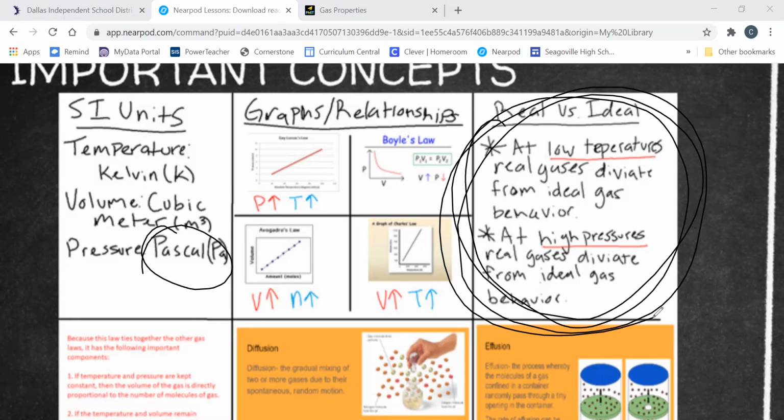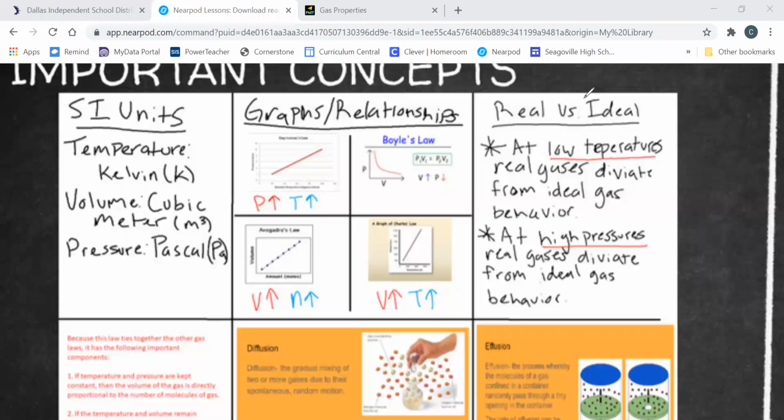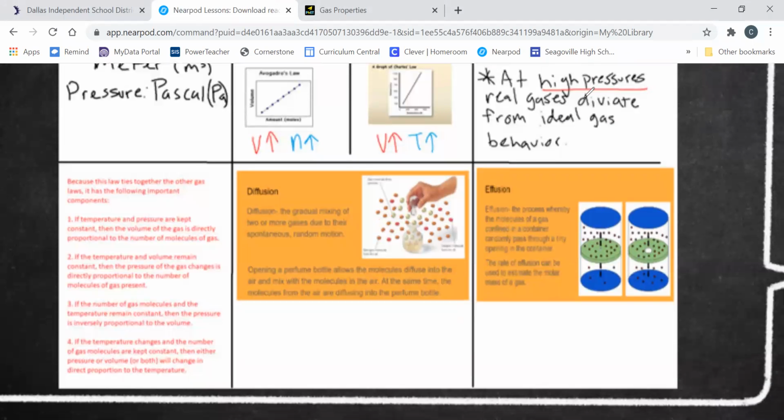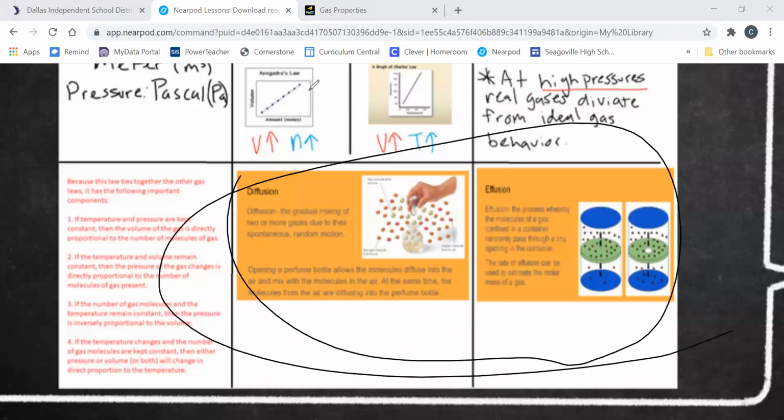At high temperatures, real gases deviate from ideal gas behavior. Note that. Know these vocab words. Know the difference between diffusion and effusion. Effusion is through a little hole. Diffusion is just gradual mixing with one another, but in effusion it goes through a little hole. You guys do need to know that.